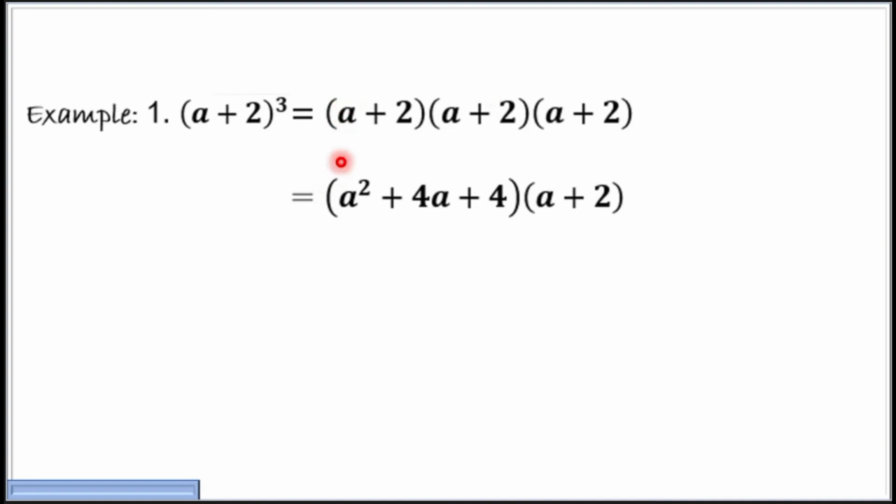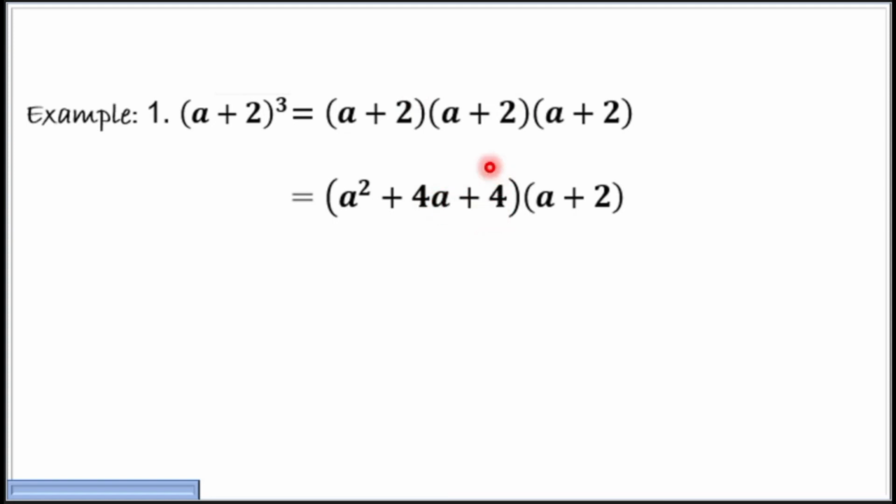So a squared is a times a, plus 4a because a times 2 is 2a. Then 2 times a is 2a. So 2a plus 2a is 4a. Next is 2 times 2, 4.